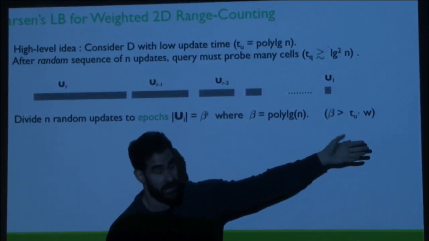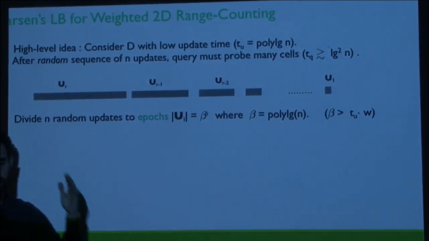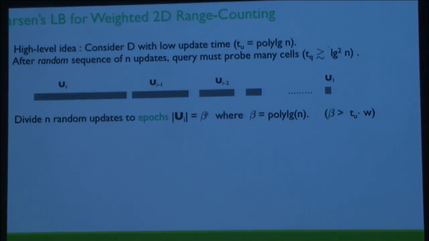Remember, the word size is log n, update time is polylog, so beta is maybe log to the fourth n or something like that. This goes back to Fredman and Saks. It's a combination of Fredman's epoch, the chronogram technique, and the cell sampling. We'll see this in a second.